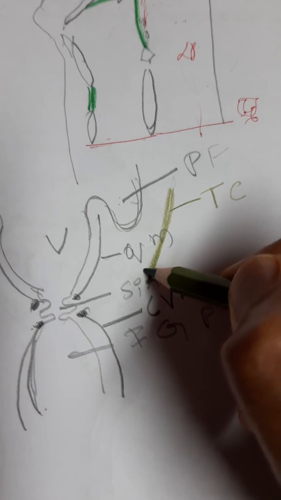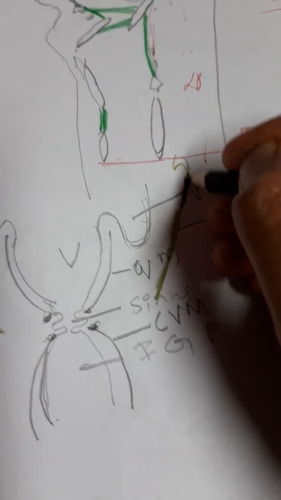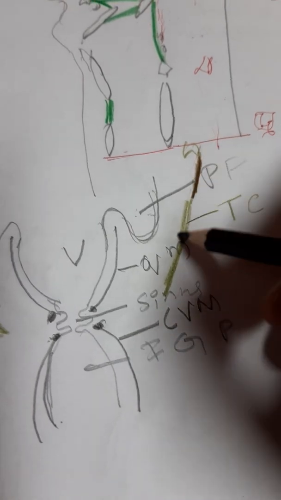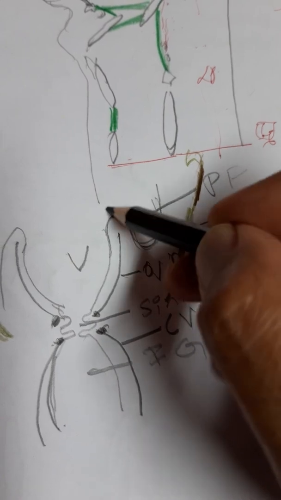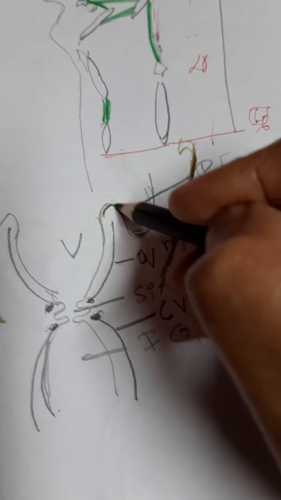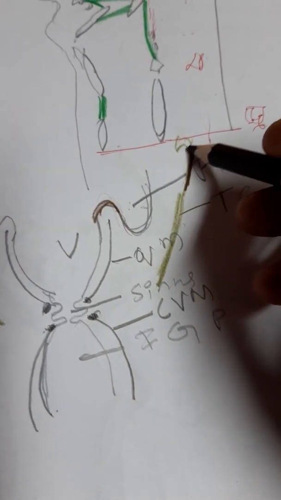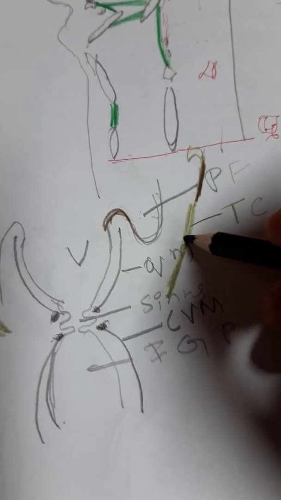Thyroid cartilage here, and above there will be the hyoid bone, connected by the thyroid membrane. So the lateral boundary of the piriform fossa is formed by these structures, and the medial boundary is formed by the aryepiglottic fold of mucous membrane. The lateral boundary is formed by the hyoid bone, the thyroid membrane, and then the thyroid cartilage itself.